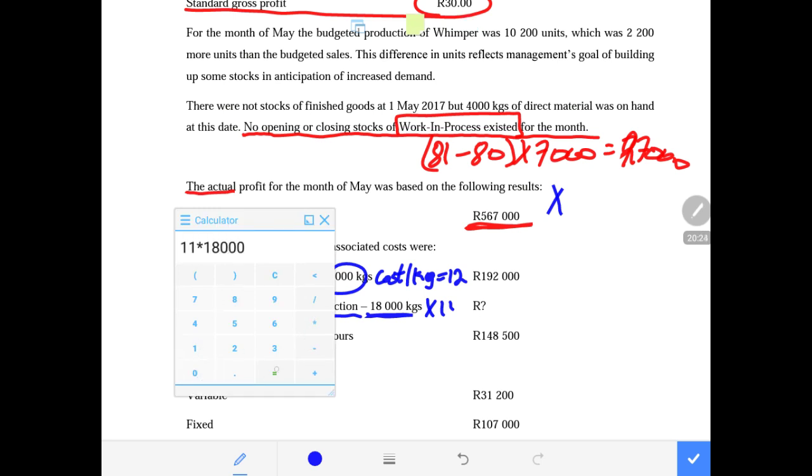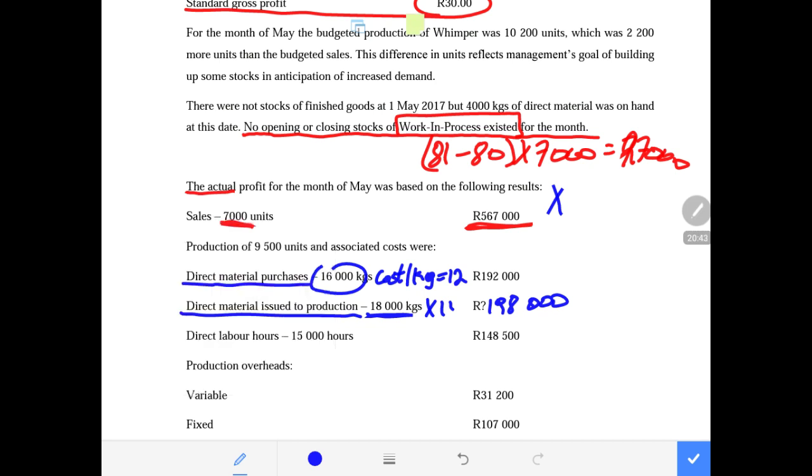Times this by 18,000, and this becomes 198,000 in total. So this is the material used in the production department in the current period as actual material used in production.